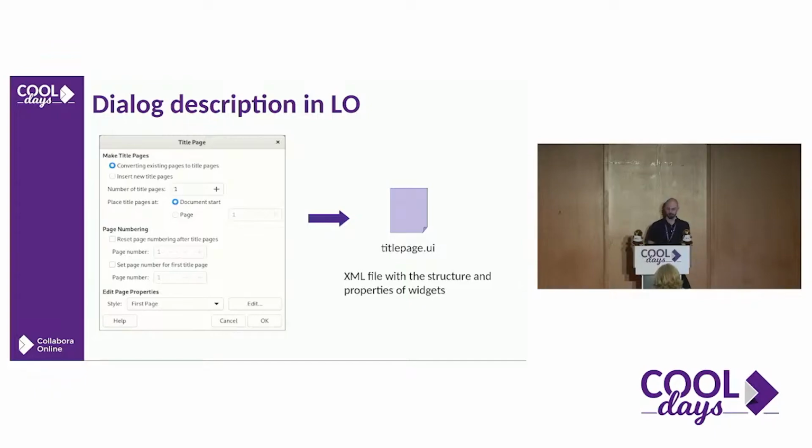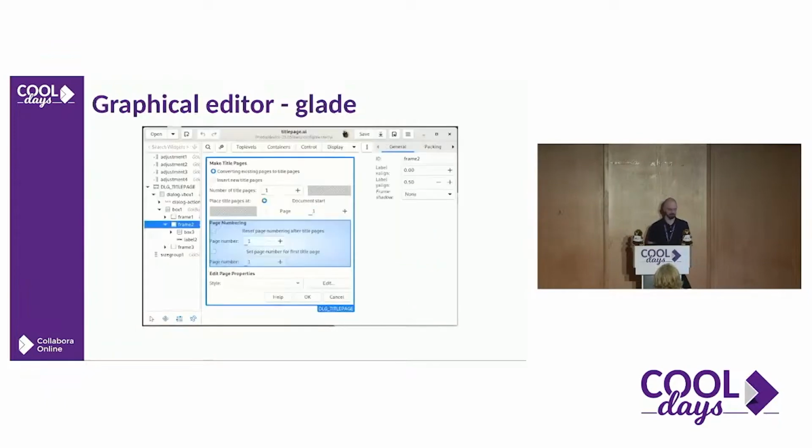They describe all the layout and content of dialogues. We can preview these dialogues using the graphical editor called Glade. We can move different widgets around, and then they are coded, the logic is coded in C++.